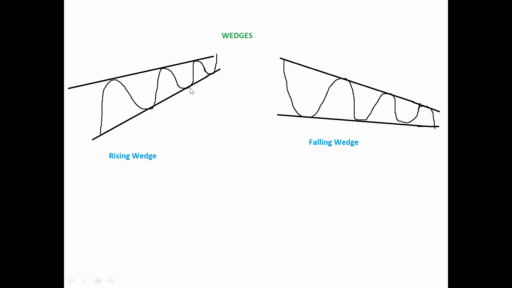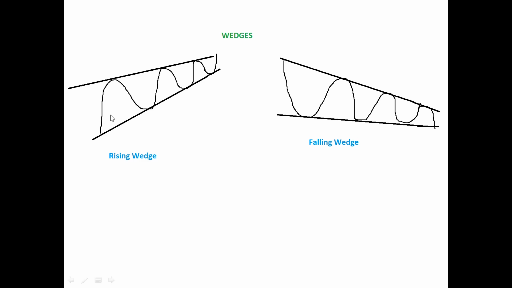But the thing to note is the higher lows are made much faster compared to the higher highs. That's why this trend line is much steeper compared to this trend line. So this is a rising wedge.